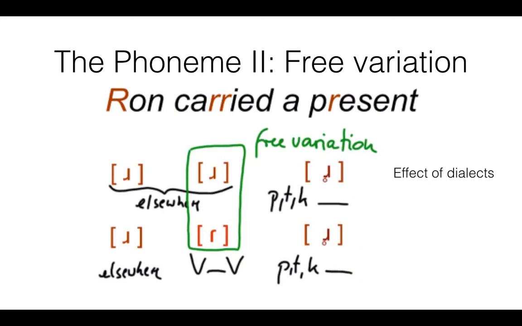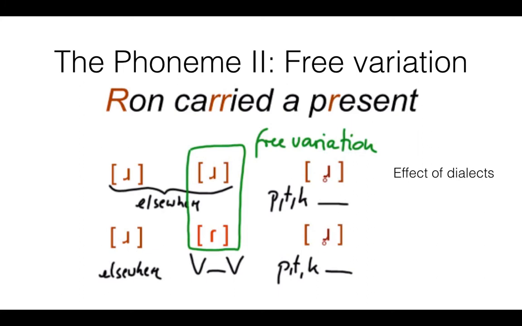So, this is free variation. It's different from complementary distribution. What did we say about complementary distribution? We have one sound that never occurs in the environment or position of the other. But in this one here, we have the same position, but we have different pronunciations. This is free variation.